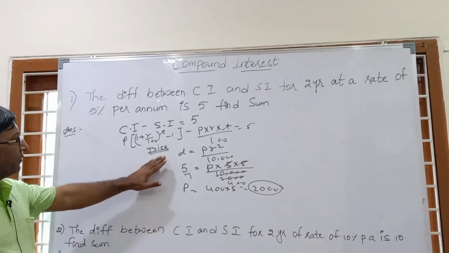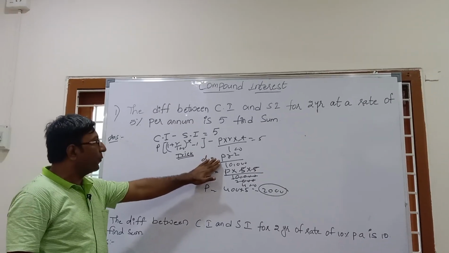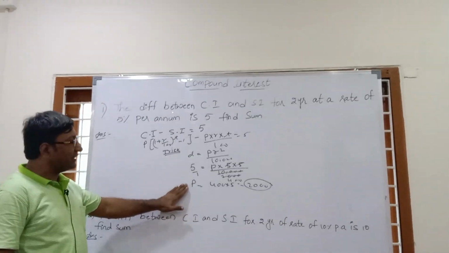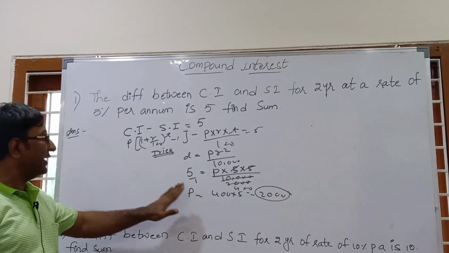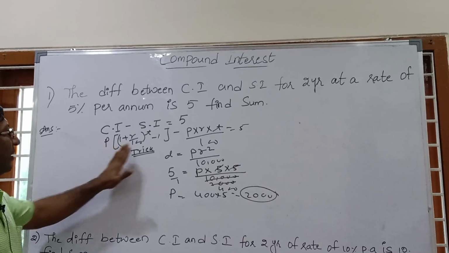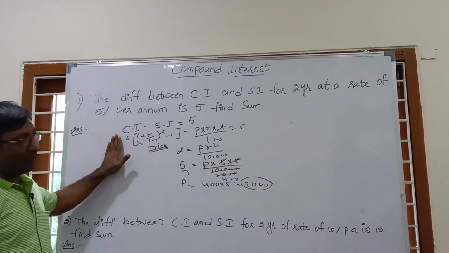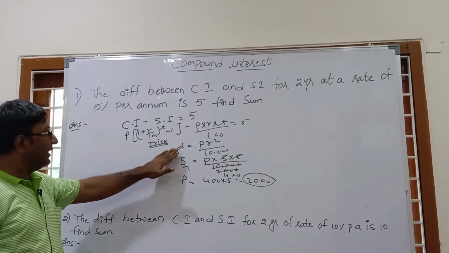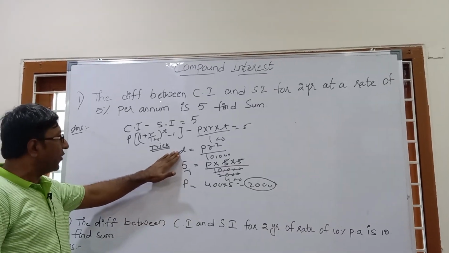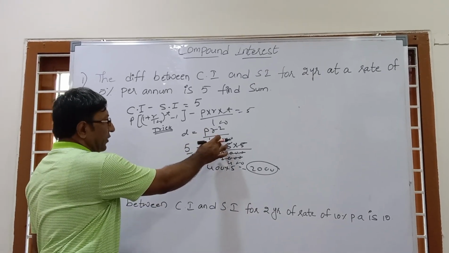So in this way, with the help of the technique, we can find the value of P, that is the principal, very easily in a second. But if we go for this question by the basic method, it will take a lot of time. So we apply this technique: D, the difference of compound interest and simple interest, is PR square upon 10,000.